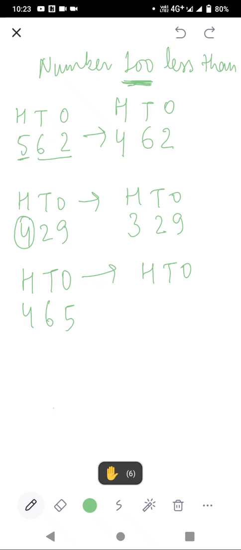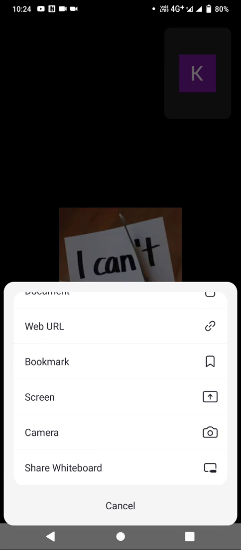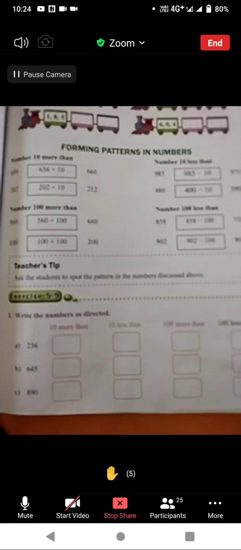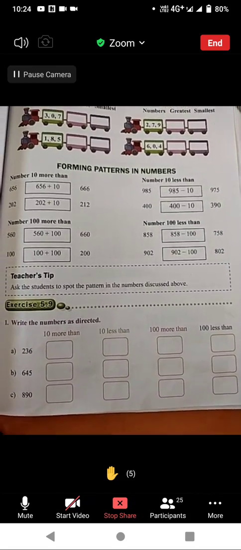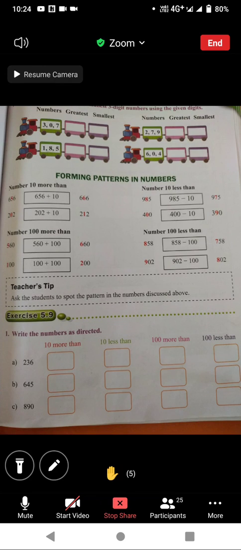So students, now come on exercise 5.9. Everyone open page number 79. Exercise 5.9 is there.